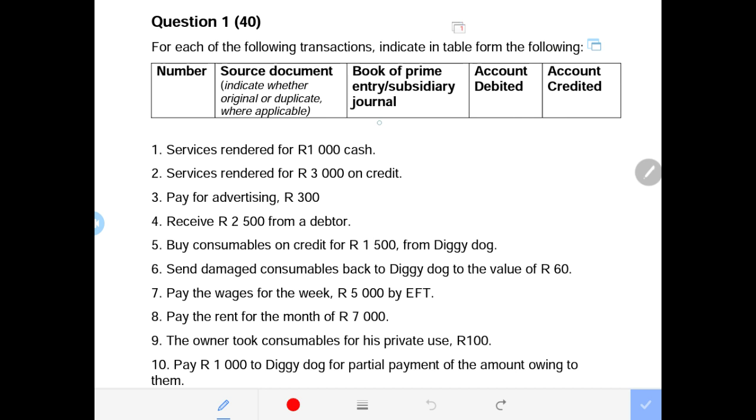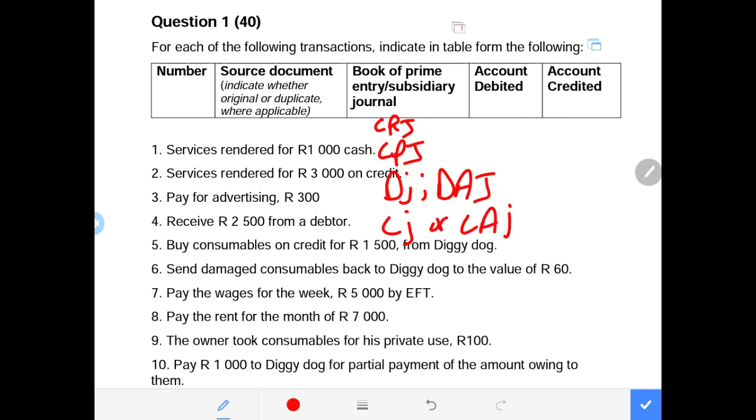In your book of prime entry, we know that we are recording either the cash receipt journal, or the cash payment journal, or the debtors journal, or the debtors allowance journal, or the creditors journal, or the creditors allowance journal. The last one is your general journal.